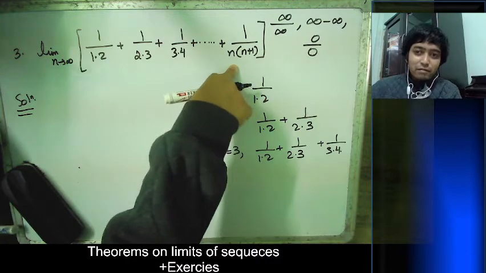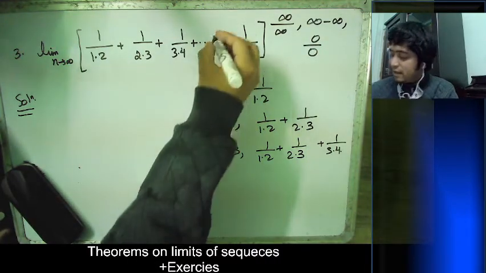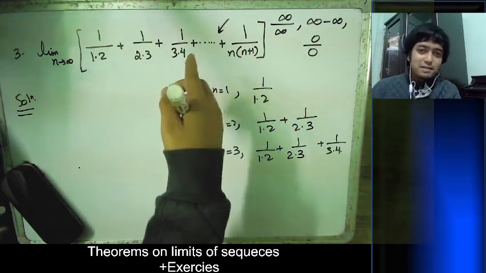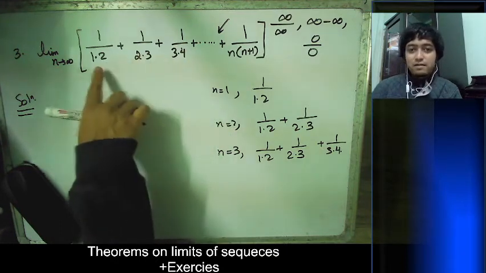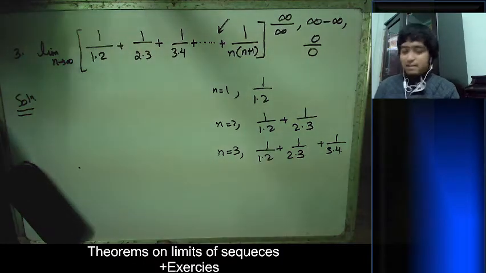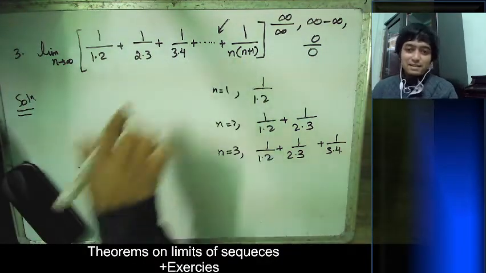It may not look very clear, but the term right before this one depends on n, even though they look like constants. So that's why you cannot just substitute n equal infinity in the last term.